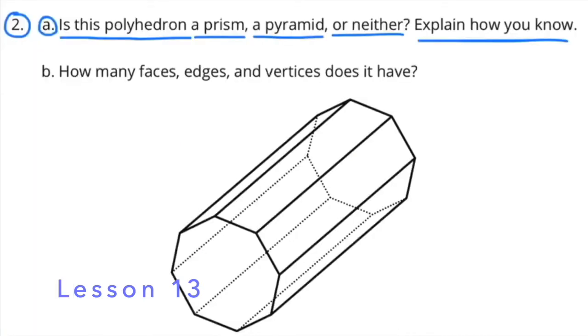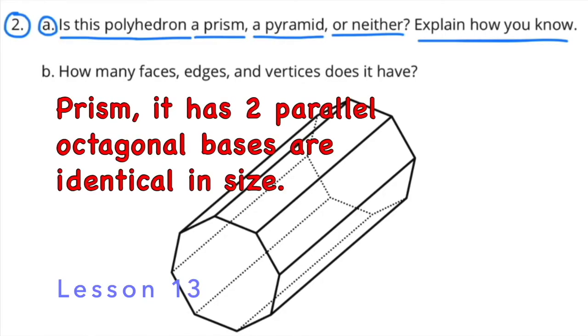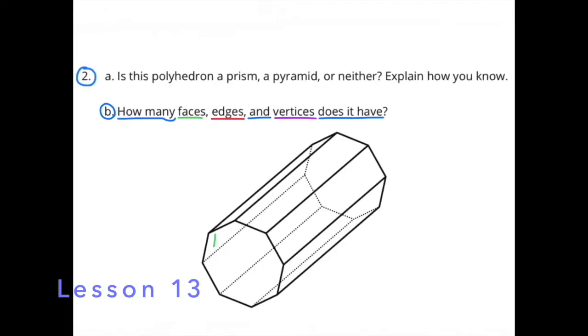Number 2A. Is this polyhedron a prism, a pyramid, or neither? Explain how you know. It's a prism. It has 2 parallel octagonal bases that are identical in size. B. How many faces, edges, and vertices does it have?